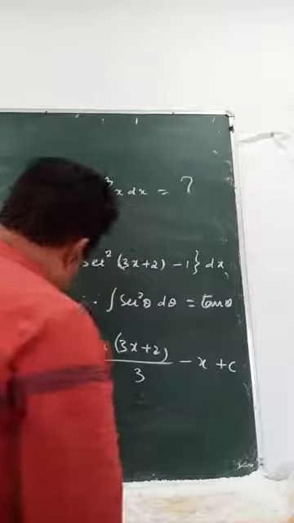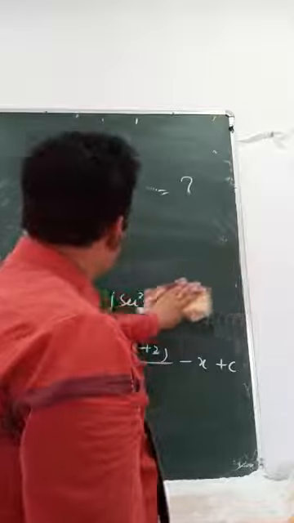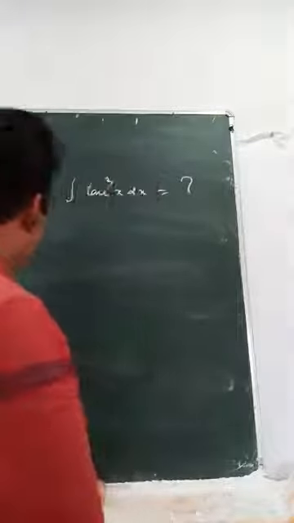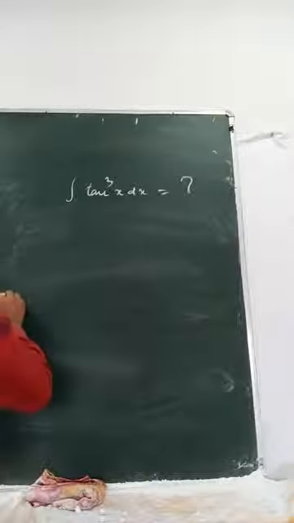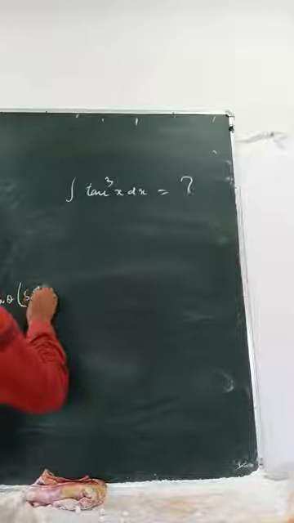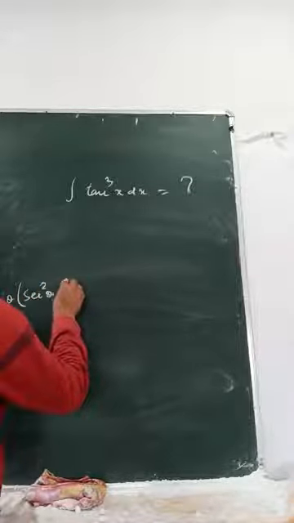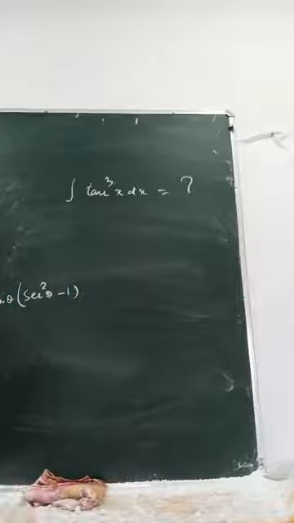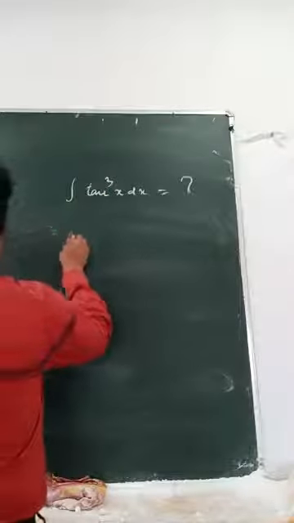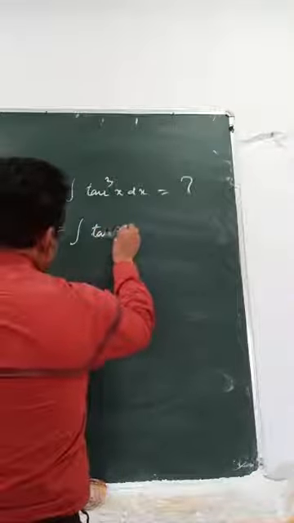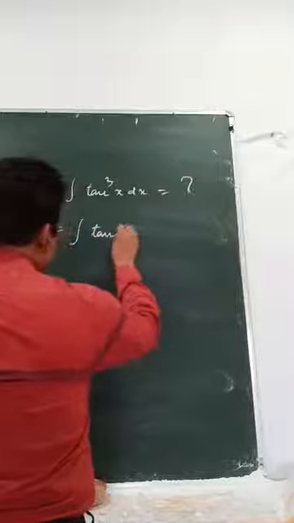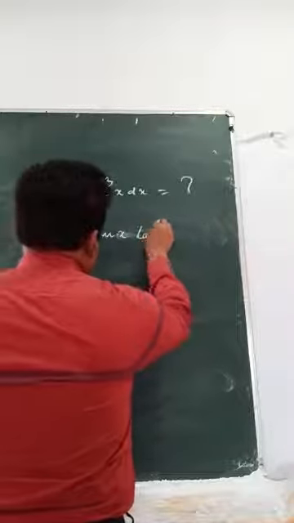Now, but it can be, we can try here. This can be tan theta, tan times tan square x.